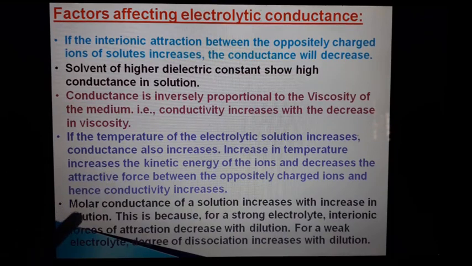Fifth point, molar conductance of the solution increases with the increase in dilution. More dilute, molar conductance of the solution increases. Because for a strong electrolyte, inter-ionic forces of attraction decrease with dilution. Already the first point, again and again, the first point is more important.